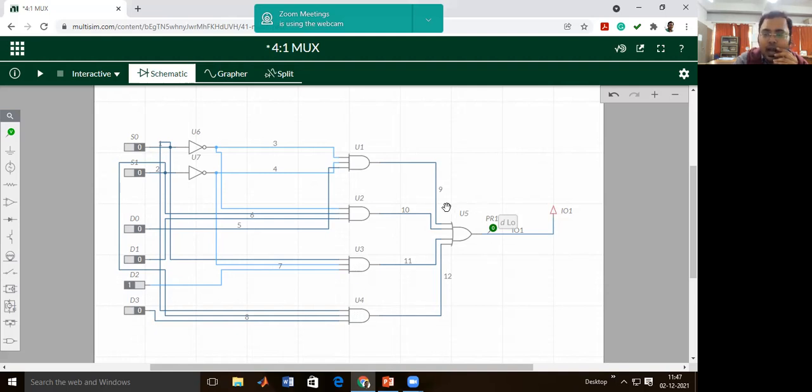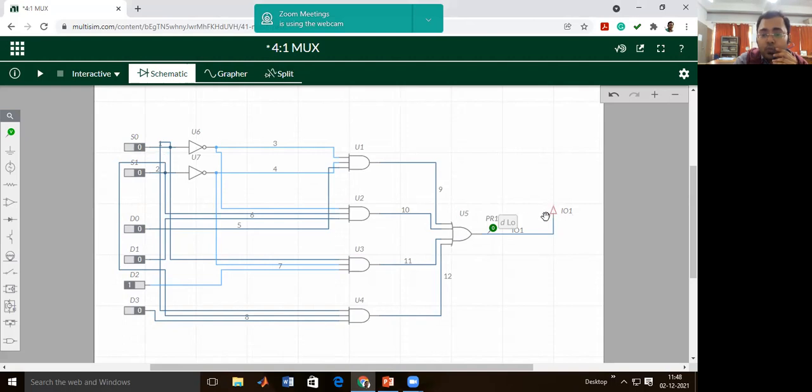And we take a 4 input OR gate, that is U5. We take 4 inputs as 0, 1 switches and name them D0, D1, D2, D3. We also take 2 other switches, which will act as select lines, and name them S0 and S1.